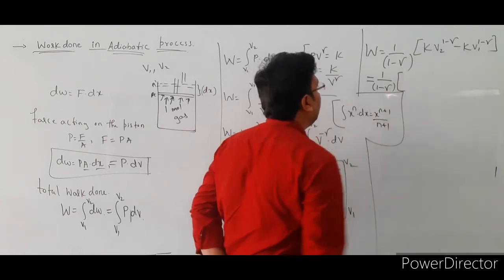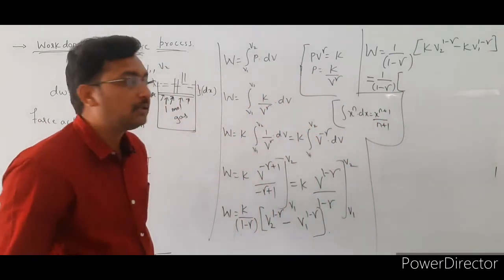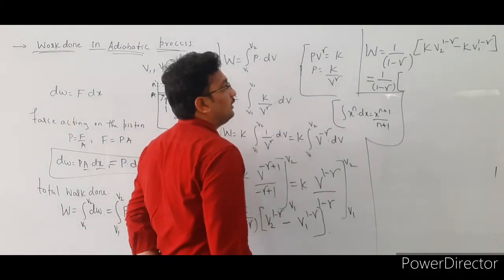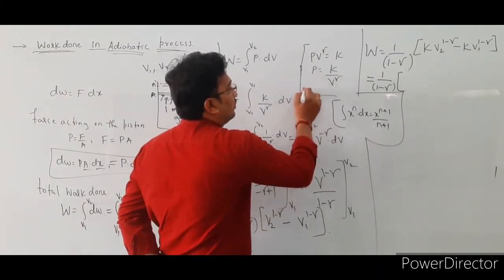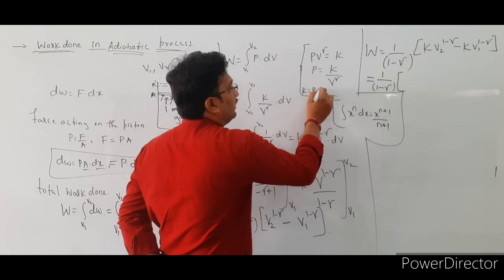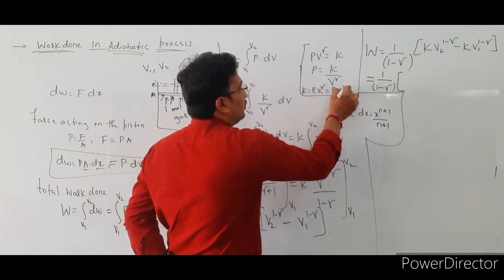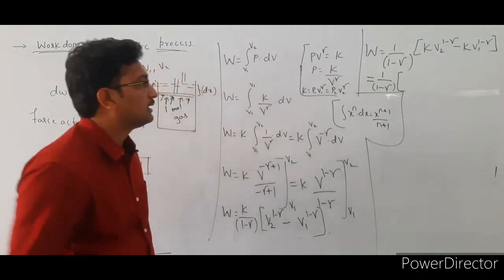What do we mean by K? K is nothing but the constant, that is PV raised to gamma is equal to K. Then K is equal to P1 V1 to the power of gamma, which is equal to P2 V2 to the power of gamma. So this is the K value.